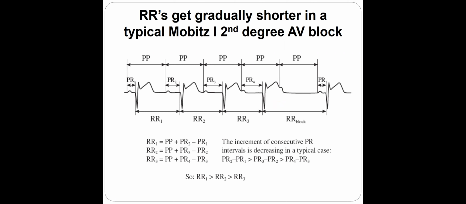Now, by definition or anatomically, usually this block occurs in the AV node, the proximal part of the AV node, and mostly it is a reversible block. So it usually recovers. Ischemia, drugs, or other causes can cause this first degree block. Whereas in Mobitz type 2, mostly it is irreversible and mostly influences the His.